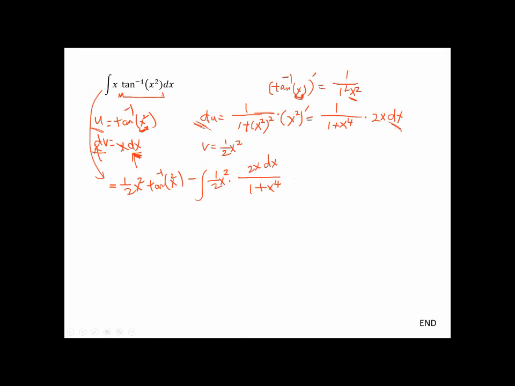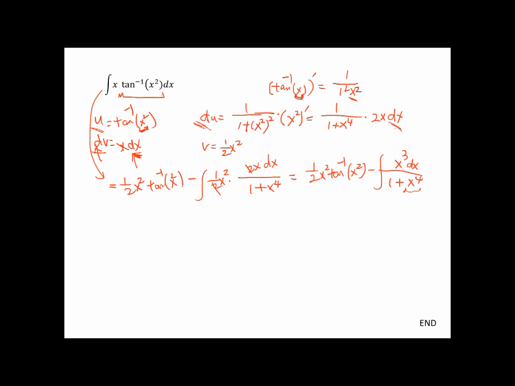Simplify this. So this goes to here, 1/2 x squared arctangent x squared minus, this 2 with this 1/2 cancel out, right? So this is x cubed dx over 1 plus x fourth. Okay, I see the highest power on x is 4, right?